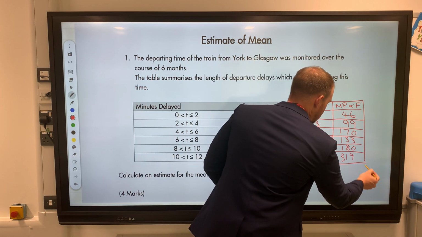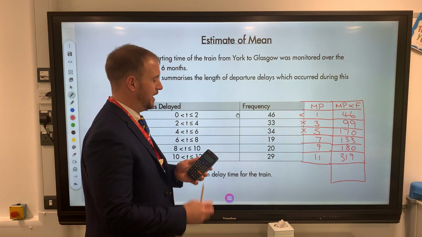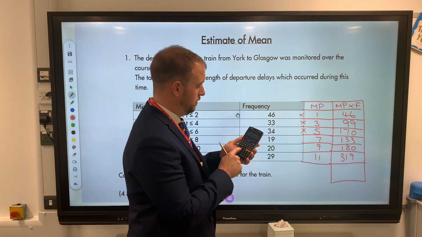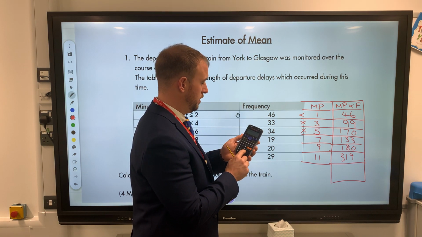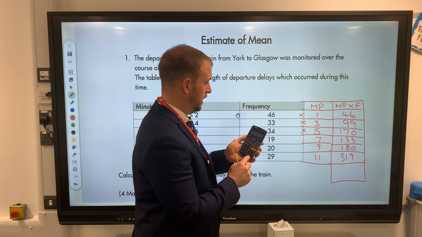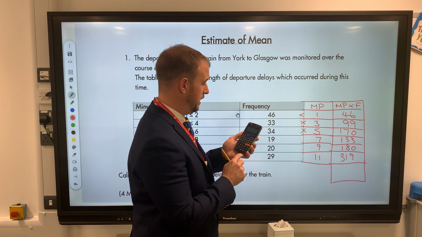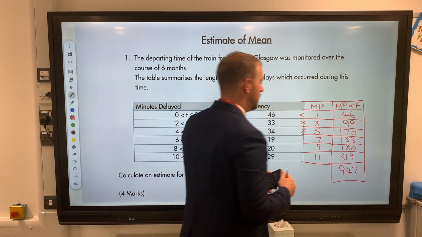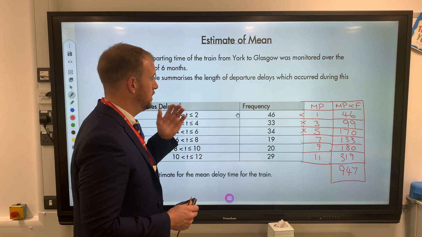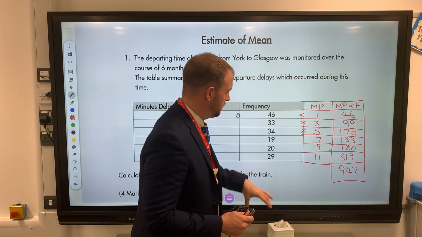So let's find this total here, okay? The total amount of time delayed. 46, add 99, add 170, add 133, add 180, add 319, comes to 947. So that's the amount of time the people were delayed by with all of these people.